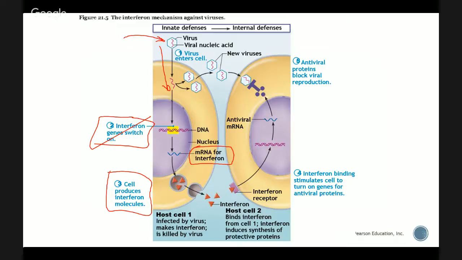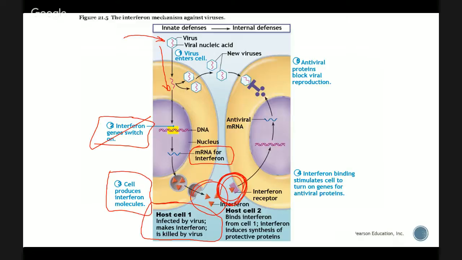So when the host cell that's infected by the virus releases its interferon molecules, those molecules are going to bind to receptors on the same type of cell in the general vicinity, saying, you better lock your doors. There's a virus coming around. And you got to make sure that you don't let it in.